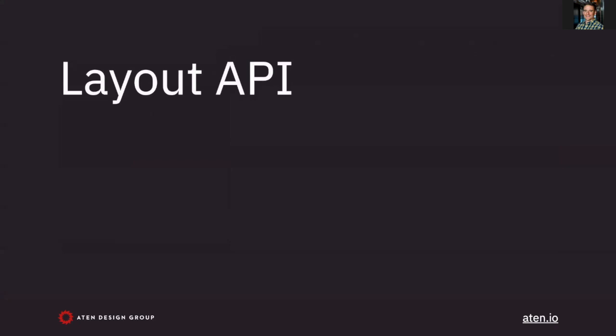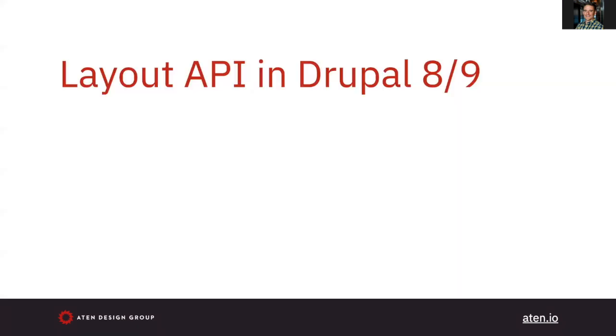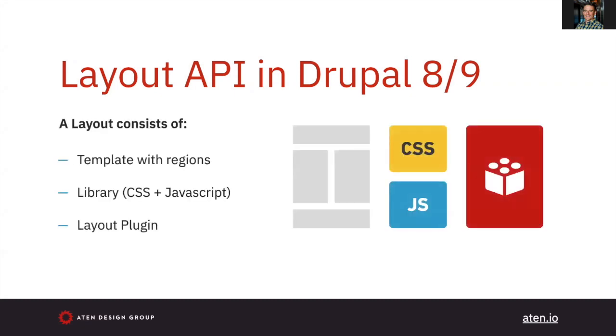I want to talk a little bit about Layout API as the technology framework that empowers some of the solutions we'll be looking at, that drives those solutions. The Layout API in Drupal 8, 9, and presumably beyond is basically a system comprised of 3 parts. 1, a template with as many regions as the designer and developer imagines or desires. 2 is a front-end library with CSS and JavaScript that provides front-end behavior and front-end look and feel.